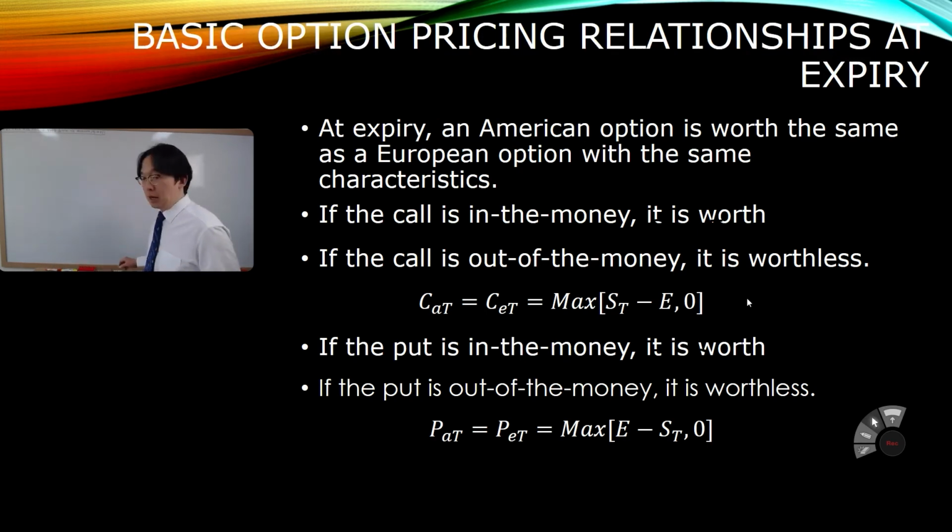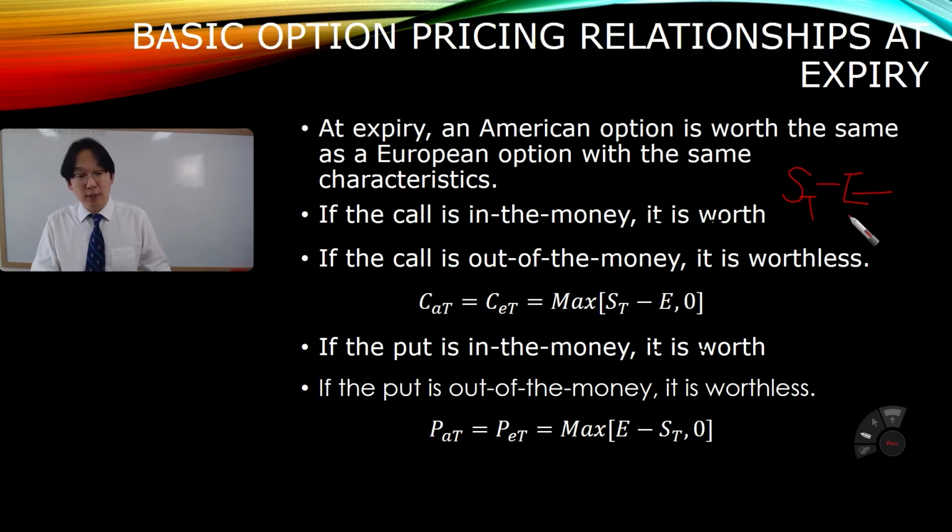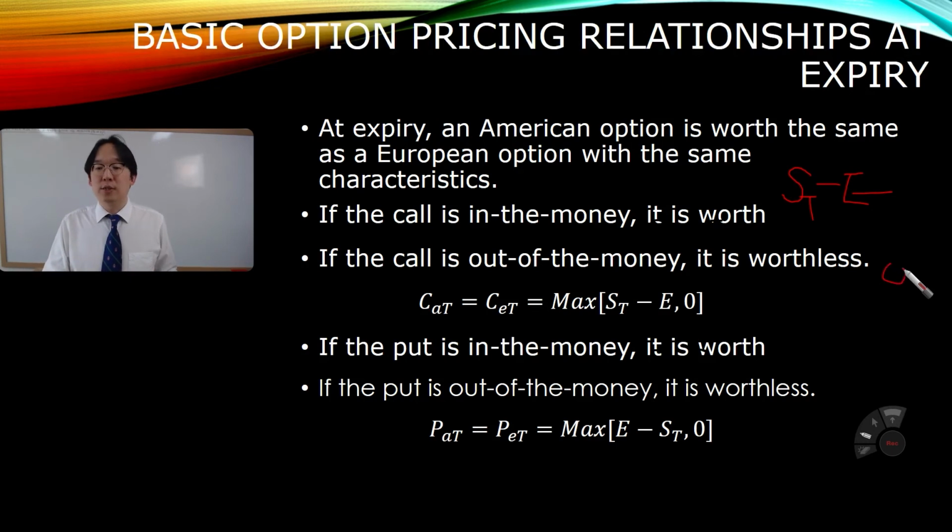The spot price minus the exercise price. S sub T, the spot exchange rate on the maturity date, minus E, the exercise price. If the call is out of the money, it is worthless, 0.